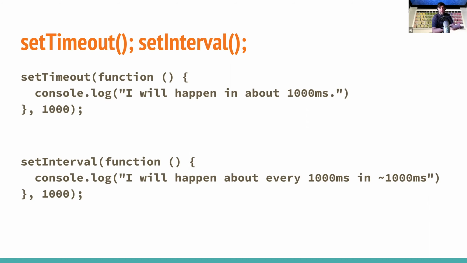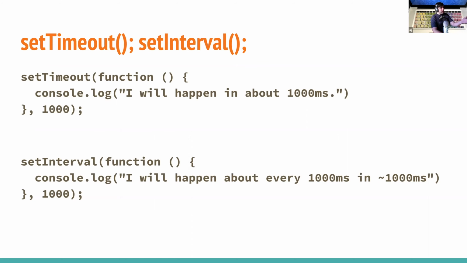But if you do a SetTimeout for 1,000 milliseconds, even though your program has nothing else to do, because something's on the event loop, the program stays alive for 1,000 milliseconds, does whatever it's supposed to do, and then if nothing else goes on the event loop, the process will exit.